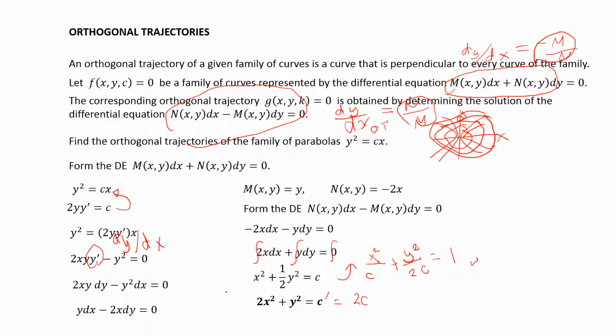The family of ellipses centered at the origin with this form is the orthogonal trajectories of the family of parabolas y squared = cx, which happens to be a family of horizontal parabolas with vertices at the origin. This is the concept of orthogonal trajectory; I have explained it.